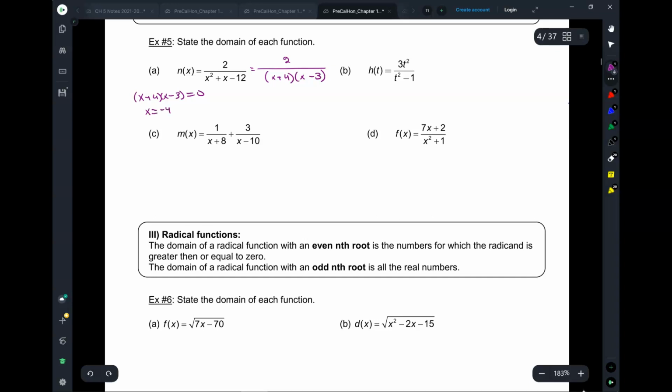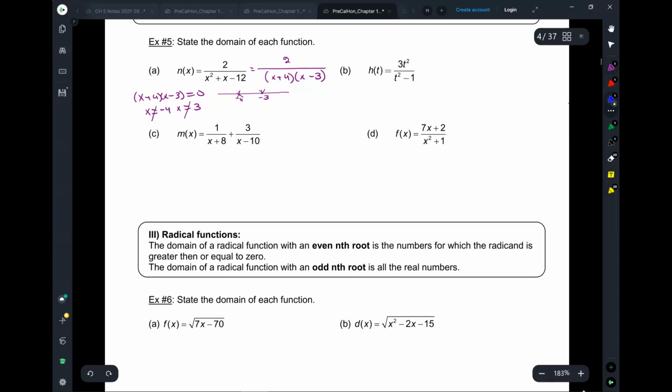So I get x equals -4 and x equals 3. Okay? Those are the numbers where this denominator is 0. This means x cannot equal -4. x cannot equal 3. So if you look on a number line, it can't be -4 and it can't be 3.